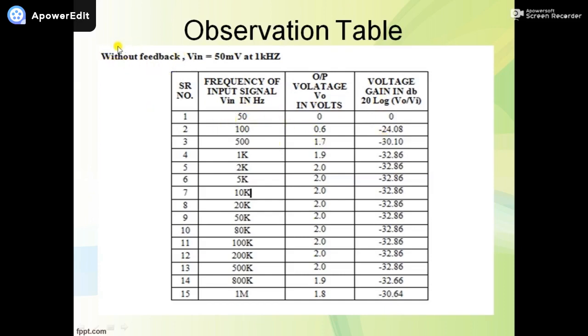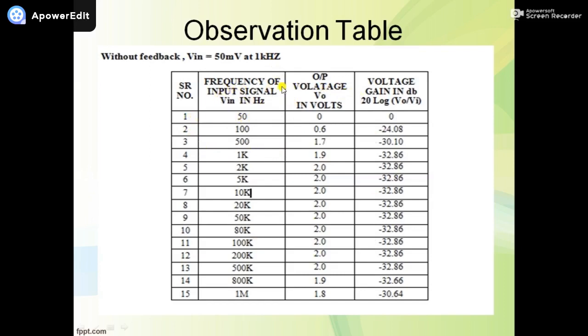In this, first of all, without feedback system, consider Vin is equal to 50 millivolt, means keep this Vin equal to 50 millivolt constant at a particular frequency of 1 kilohertz.